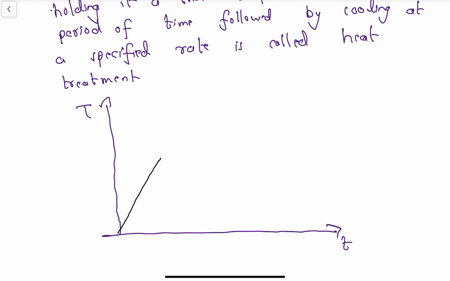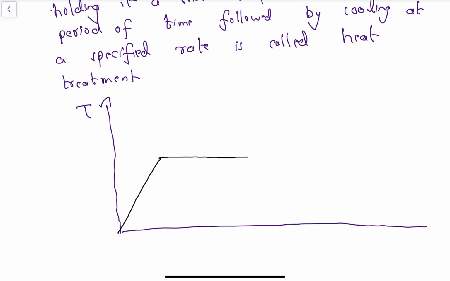In the case of steel, we are heating above the eutectoid temperature, that is above 725 degrees Celsius, holding it for a period of time, and then you can cool it at different rates.